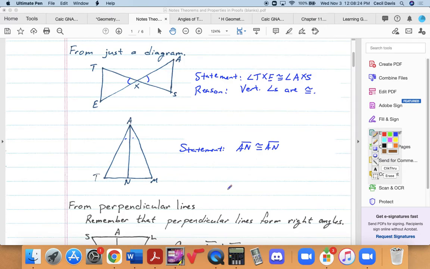And our reason for this, and again, this is new, is the reflexive property. I'm not super mean to people about their spelling, but I will say on this, if you call it the reflective property, I'm going to ask you if it's shiny or not.